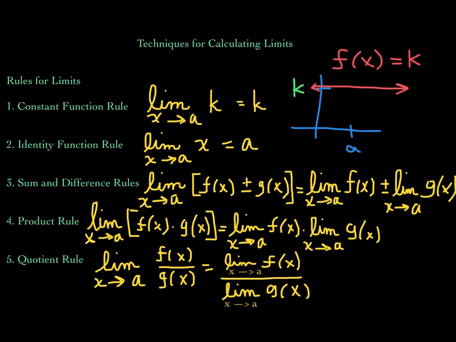Notice that as x values approach a on the left, and as x values approach a from the right, the function value is always k. No matter how close you get to a on either side, the function values are never changing. That's why the limit of k as x approaches a is k.